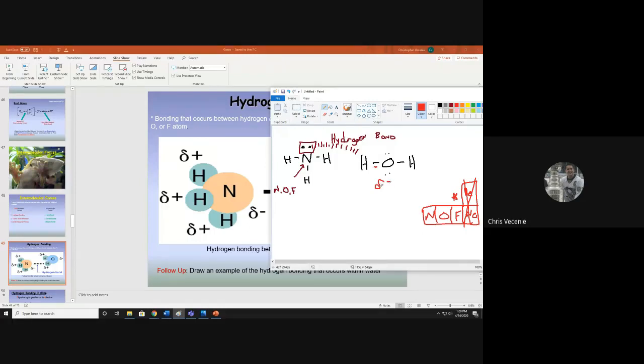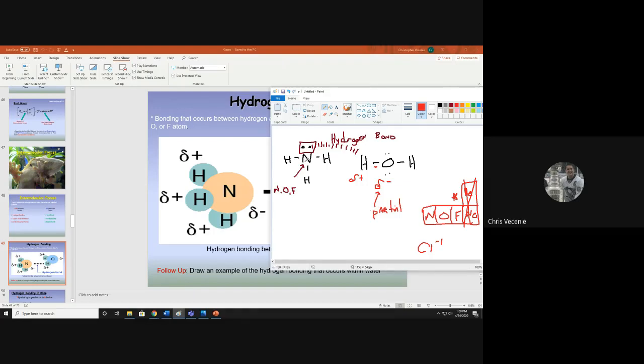And that's what that lowercase Greek delta means. It means partially. All right? That's a partial negative. If it were a full negative, you guys would draw it like this, like Cl -1. Like you'd give it a full charge. So think of this as like a fraction of a charge. All right, so you get partial negative because the electrons favor the oxygen, which makes the hydrogen partially positive.